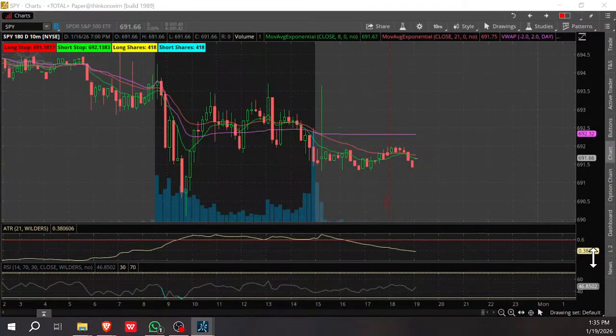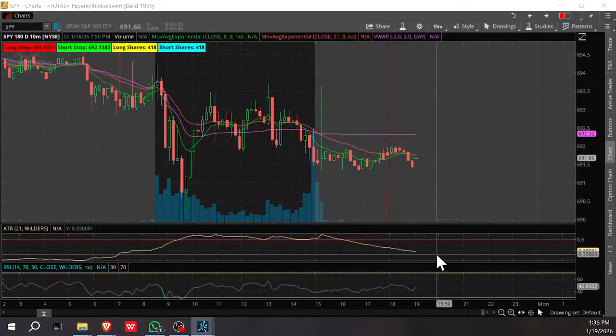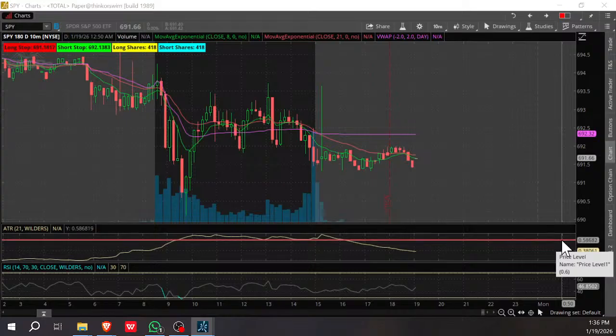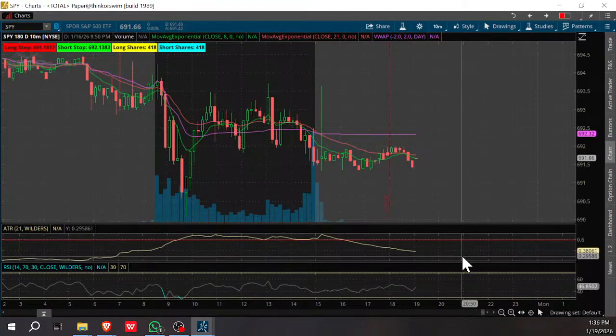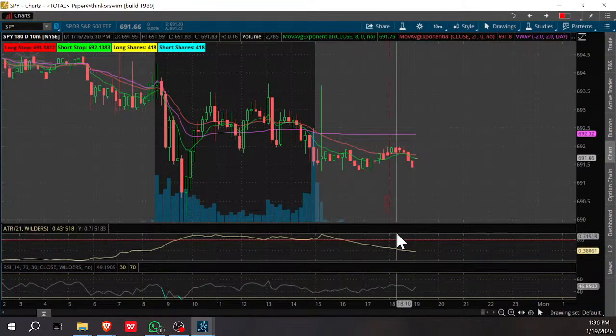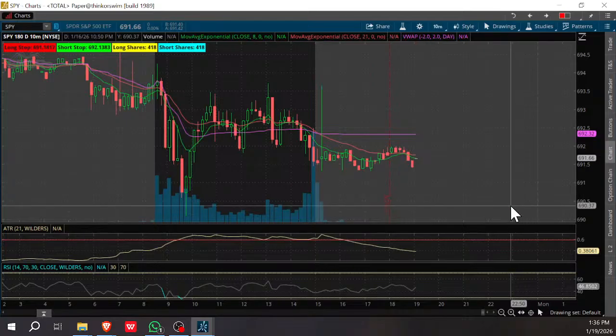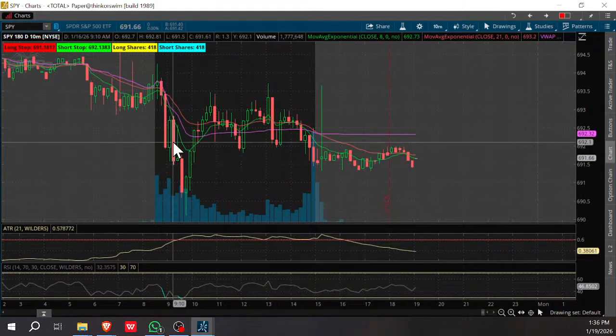Como ahorita está 38 cents. It closed at 0.38, the ATR. It doesn't mean 38 cents, pero I think of it as the stock can move up and down 38 cents. Pero I already put a line at 60 y le puse un alert, so it can alert me when the ATR is over 0.60 on the 10-minute chart para comprar.